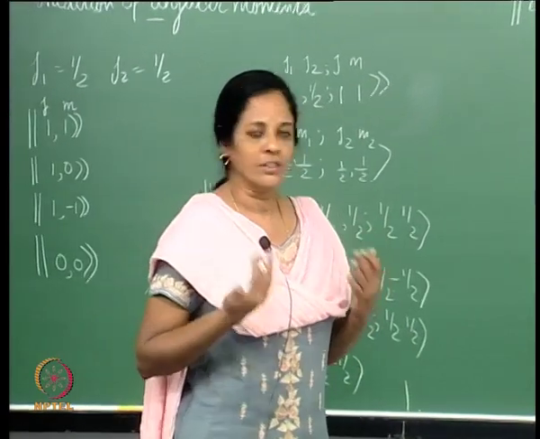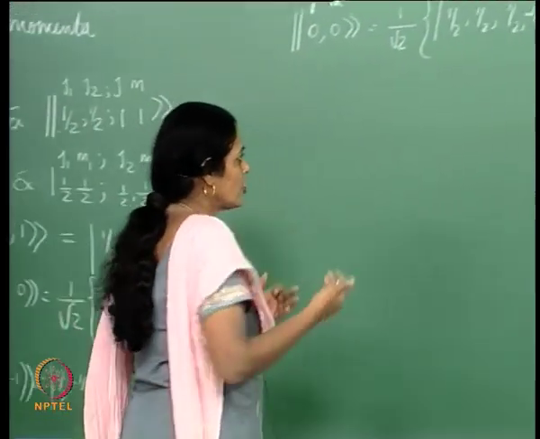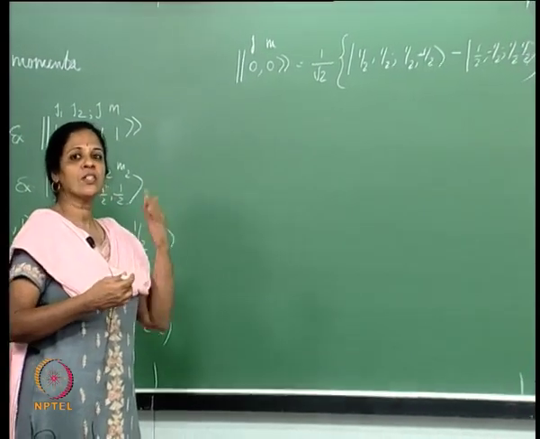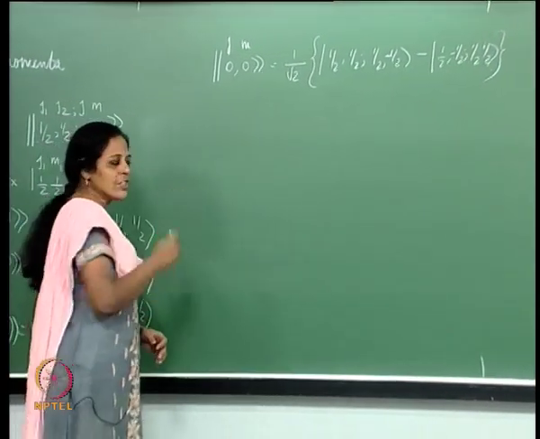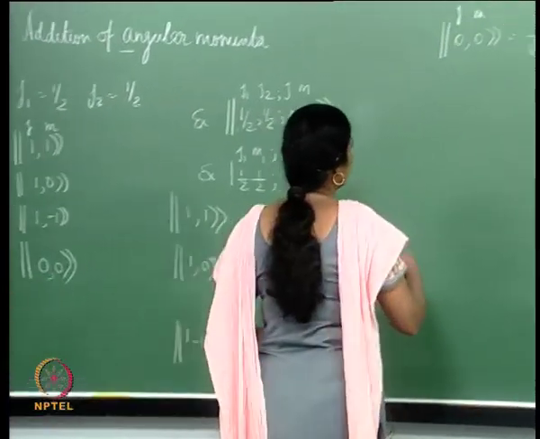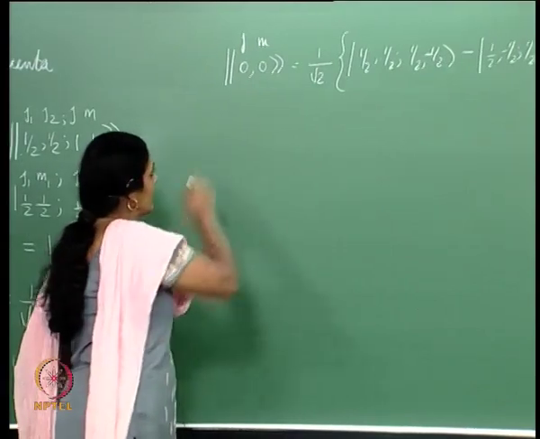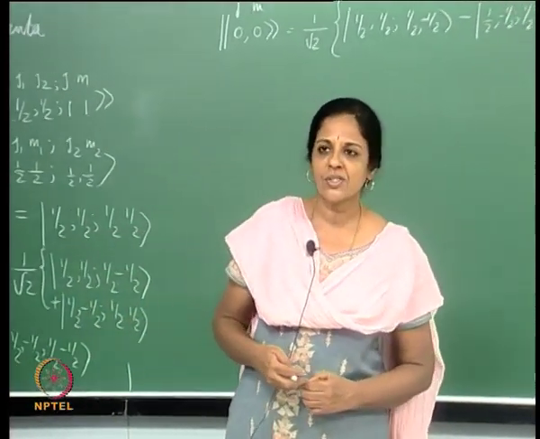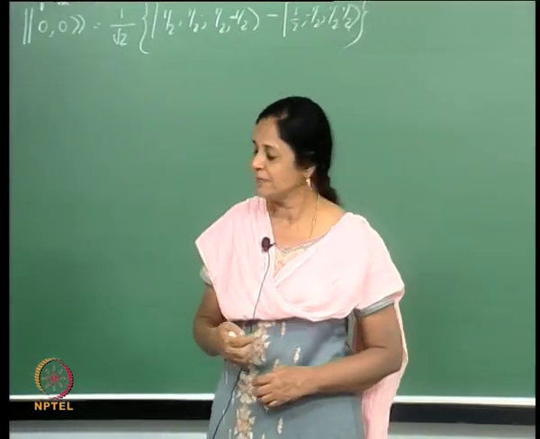I stick to a convention and keep that during a particular exercise, or when I work out a single problem, I stick to a certain convention. The convention will be best demonstrated when I do more examples. I want to comment a little bit about the importance of the results that we have got.